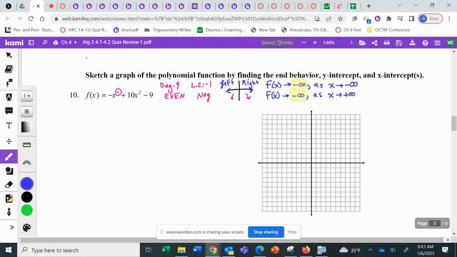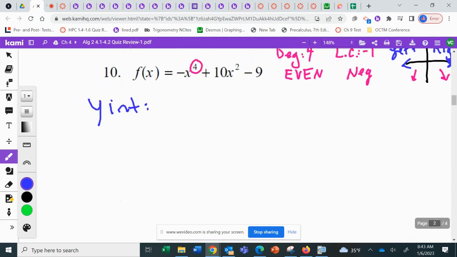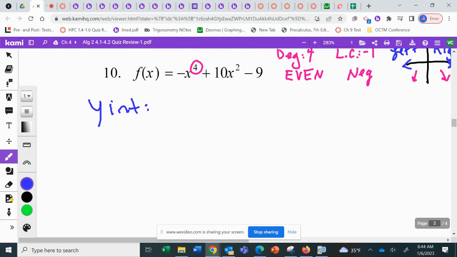Y-intercept. We had that on our quiz today. How do we find the y-intercept every single time? Make x 0. And when we're done, it will be an ordered pair.